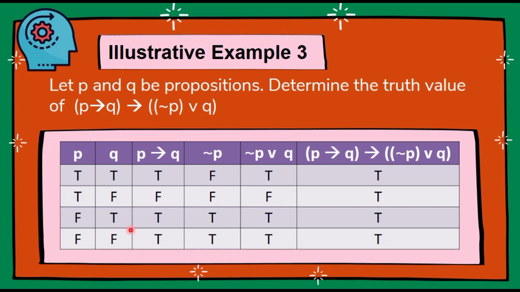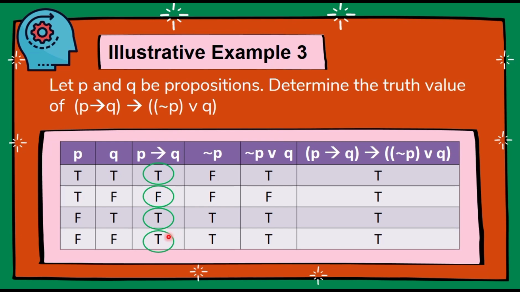On the third column, it is a conditional. On our previous slide, we already have the value of the truth table for P implies Q. So it is true, false, true, true.